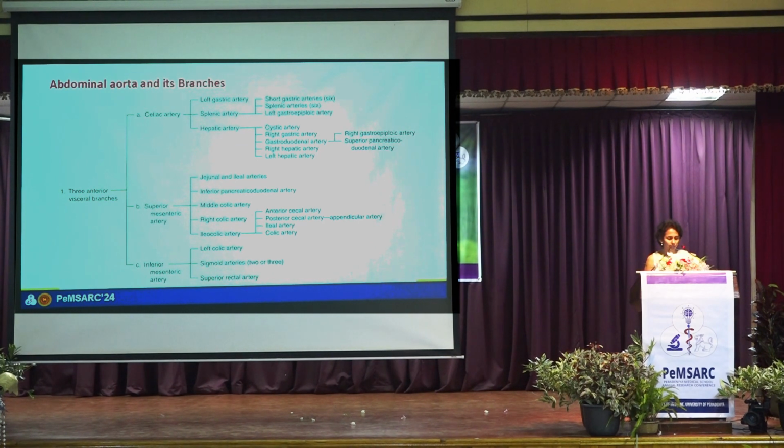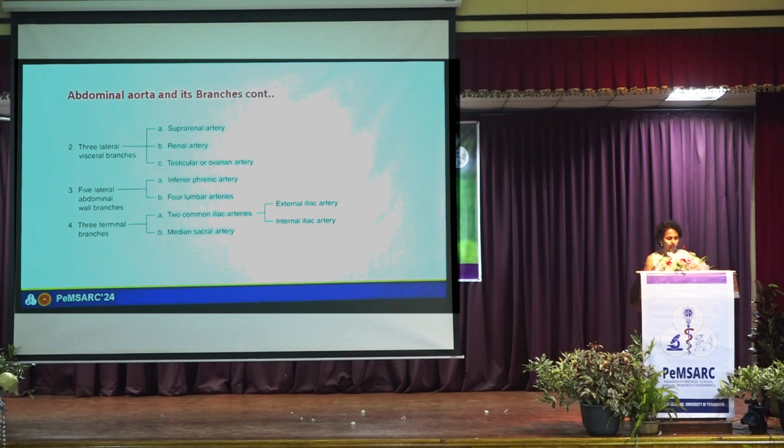And then the abdominal aorta has three lateral visceral branches. What are those? Suprarenal artery, renal arteries, testicular or ovarian artery, or we call it gonadal arteries. Then there are 5 lateral abdominal wall branches, inferior phrenic and 4 lumbar.